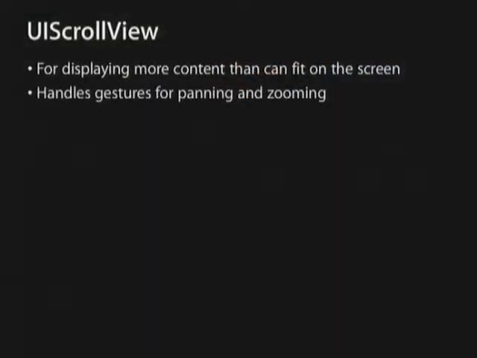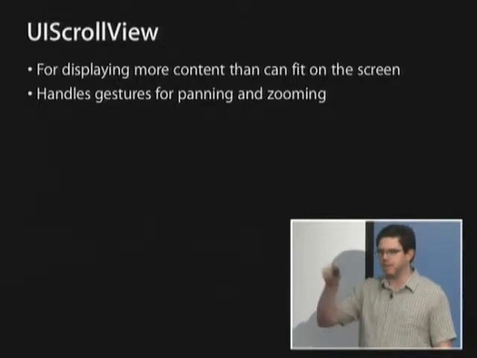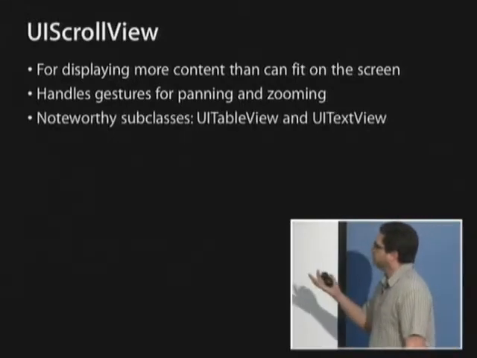So let's start with scroll views. As I mentioned, they're for displaying more content than can fit on the screen at any one time. It automatically handles gestures for panning and zooming. With a single finger down or even 2 fingers moving together, you can pan the content left, right, up, and down. And by pinching, you can scale the content up and down. Table view is one of the subclasses.